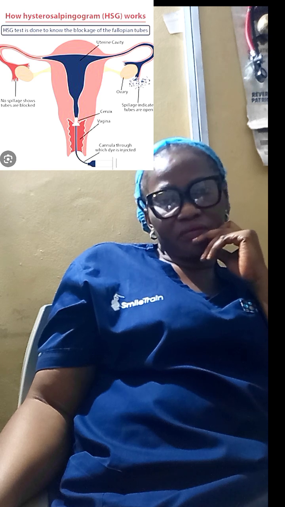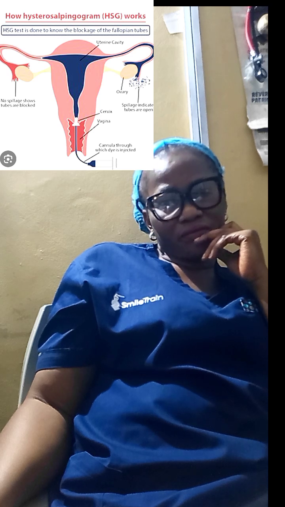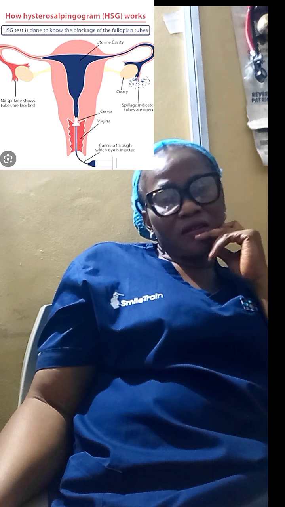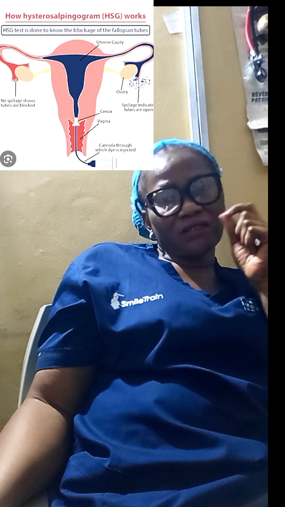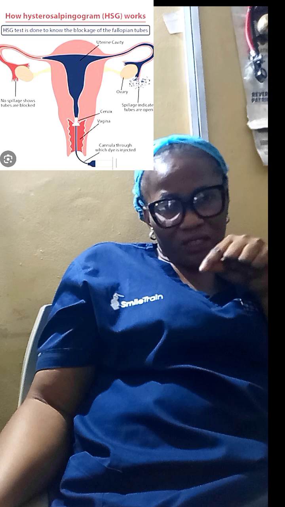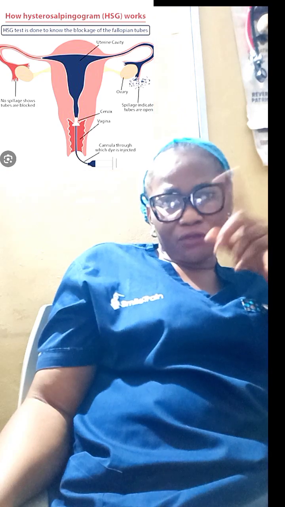It's an X-ray. And with that, you can detect whether there is submucosal myoma. What do I mean by that? Myoma, that we often call fibroid, whether there is any situated inside the uterus where the baby will embed, after it has passed from the fallopian tube, where the baby will now stay.